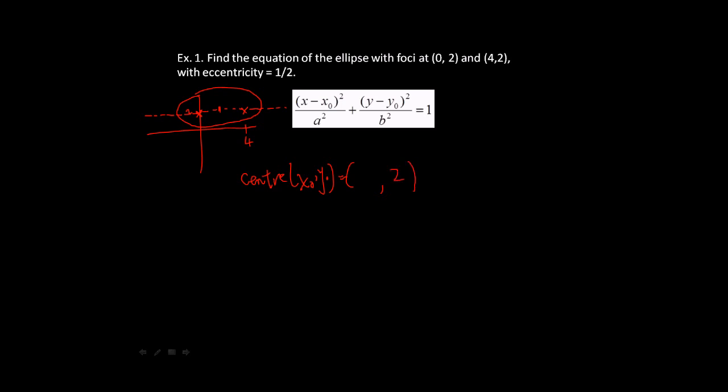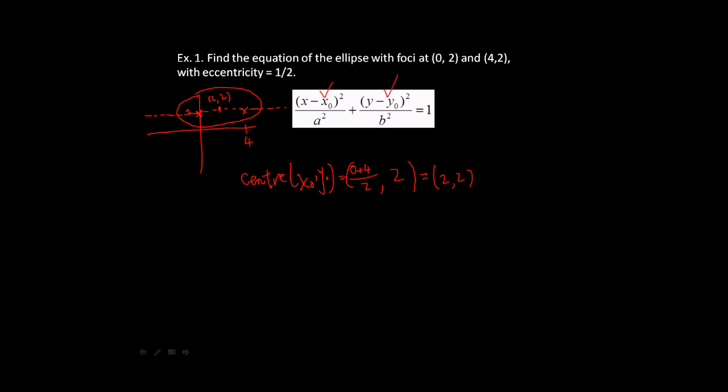And we know that the center is simply in between these 2 foci points. So it is just 0 plus 4 divided by 2, which gives us 2. So we know that the center is 2 and 2, which is this point. Right? Let's write 2, 2 here. So from now on, we know this one, we know this one.